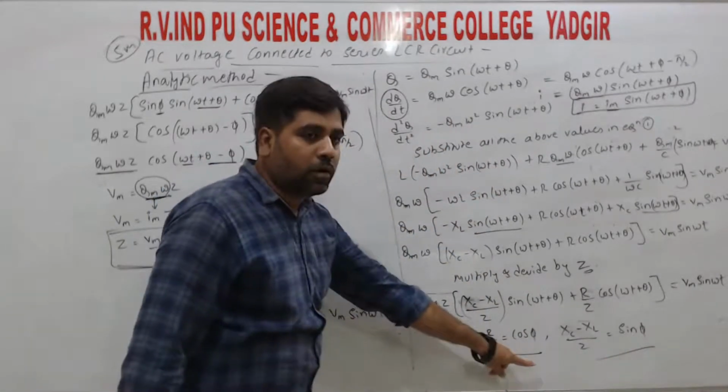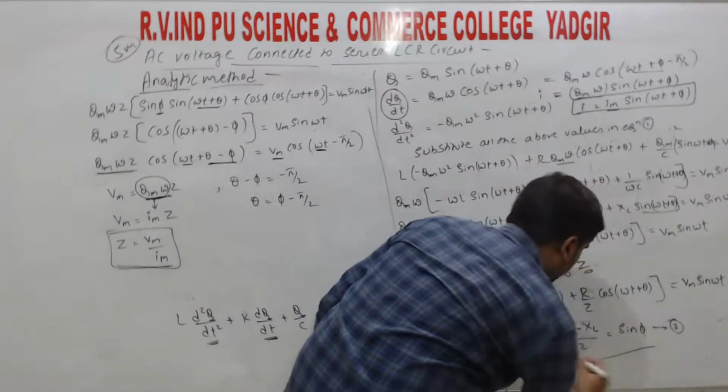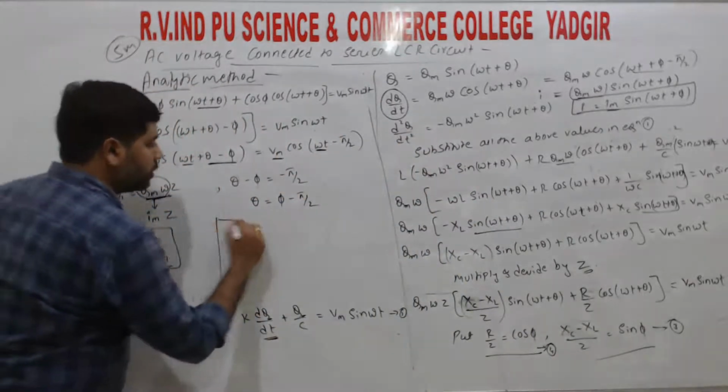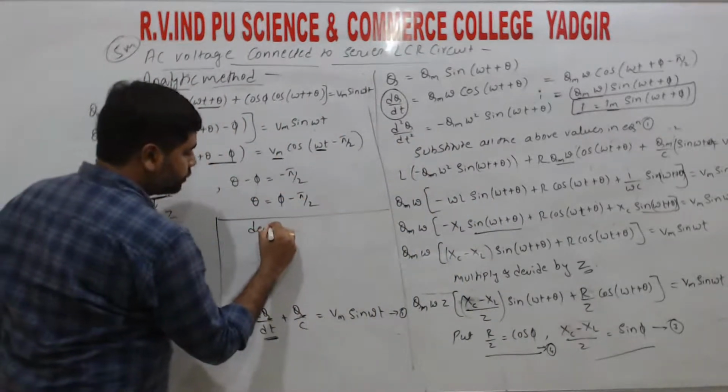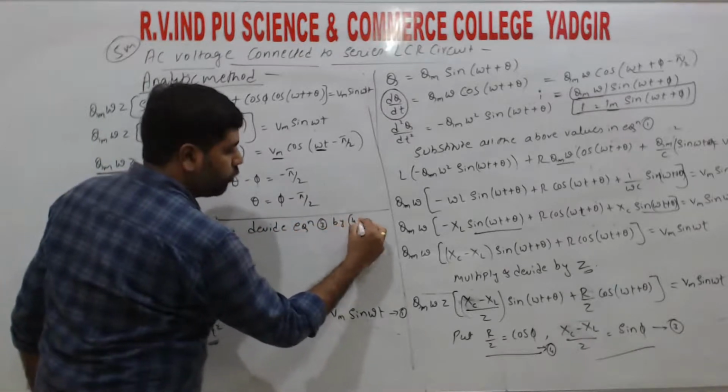So again by these two relations, we call this one equation 3 and this one equation 4. Divide equation 3 by 4.